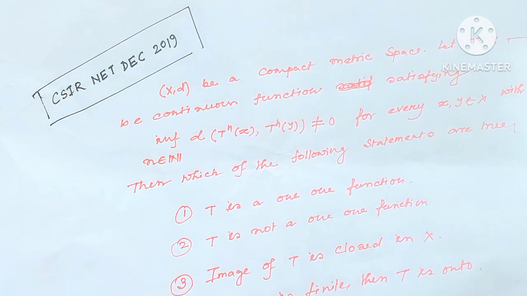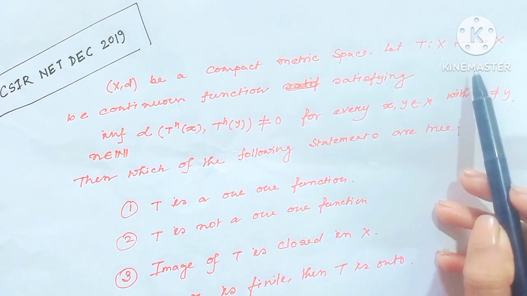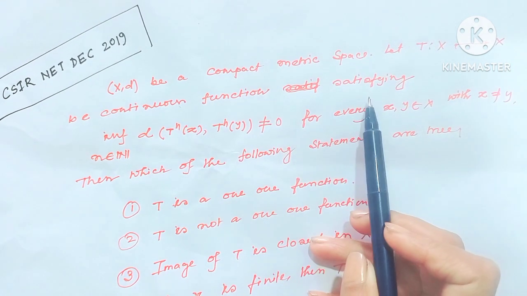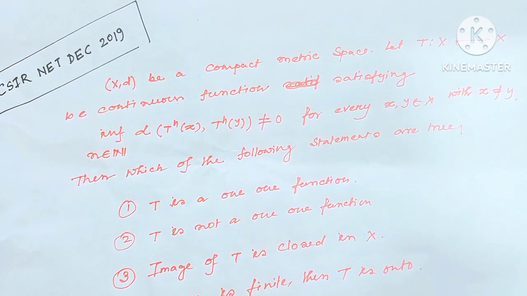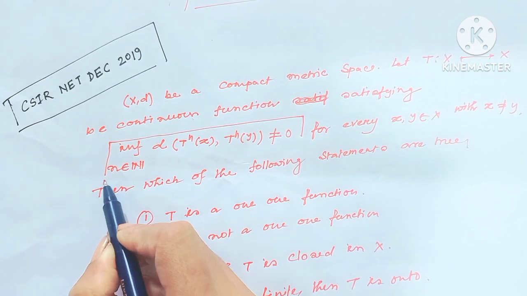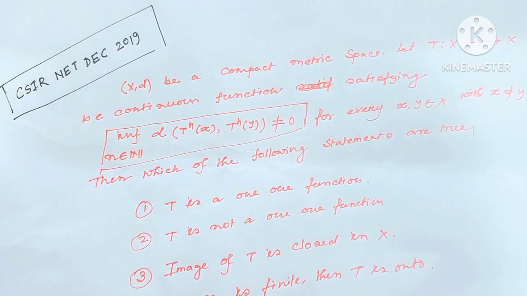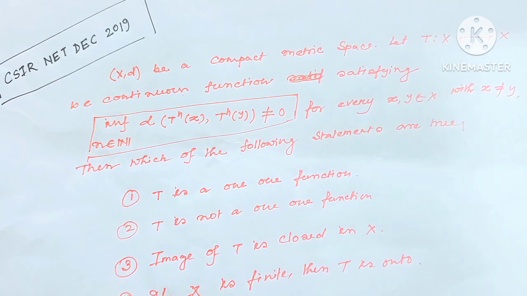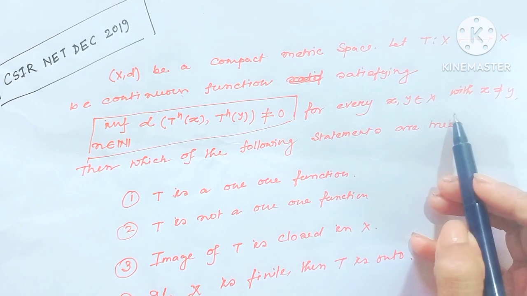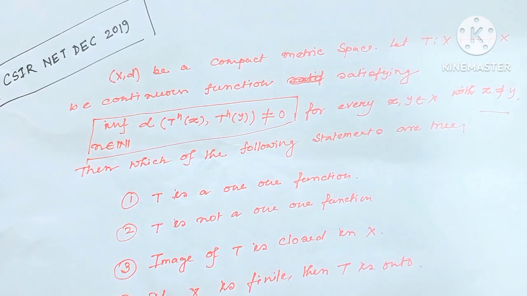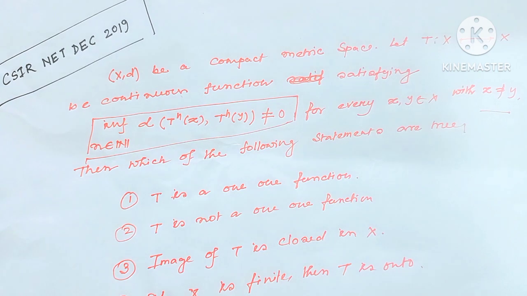The question: let X be a compact metric space and T a mapping from X to X which is a continuous function and satisfies infimum over n in the natural numbers of d(T^n x, T^n y) not equal to 0, and this is true for all x, y in X with x not equal to y.